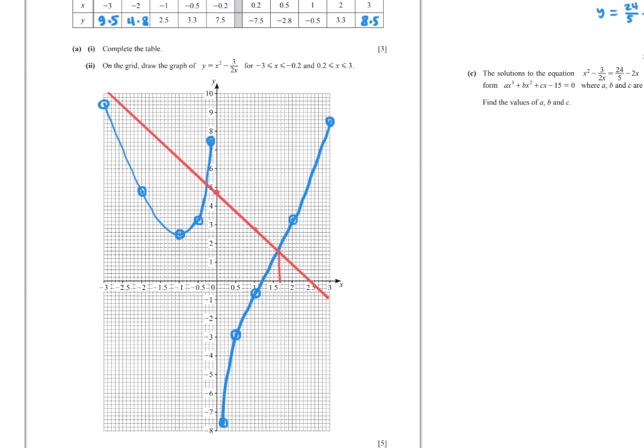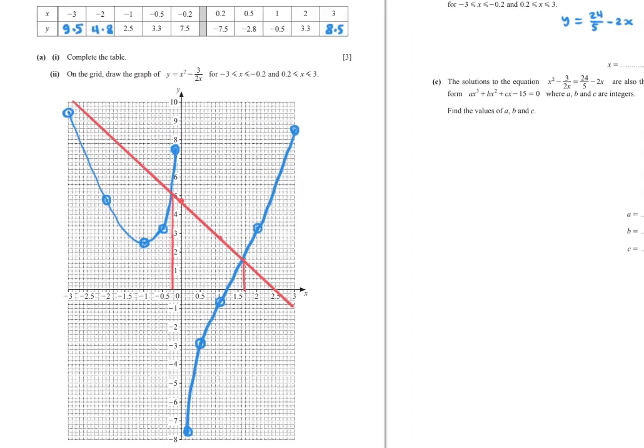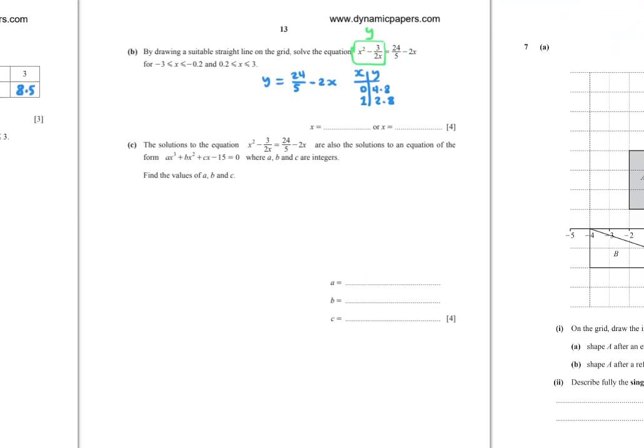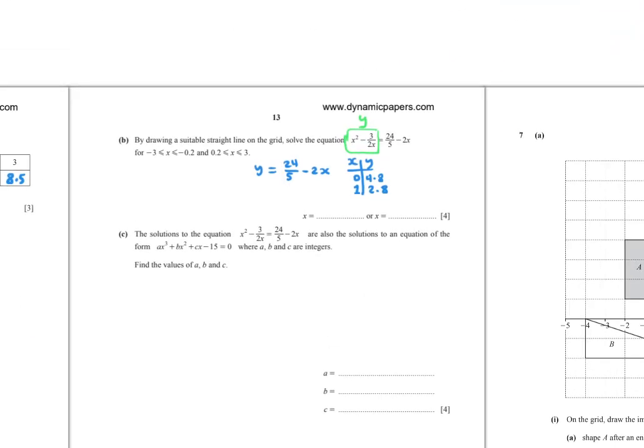The second one is negative 0.2. So the two solutions are 1.7 and negative 0.2.